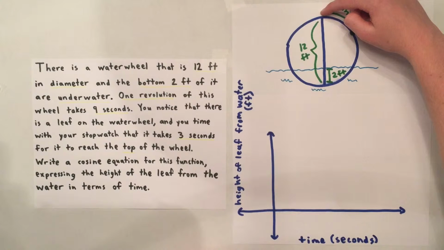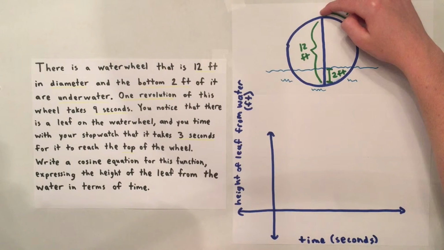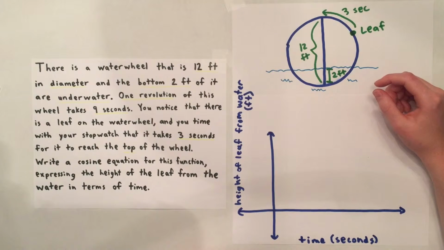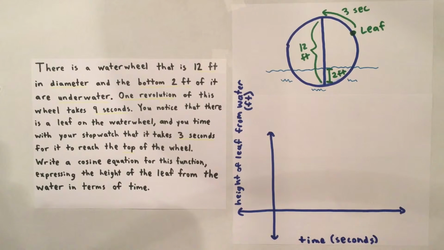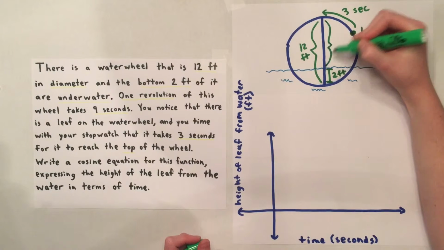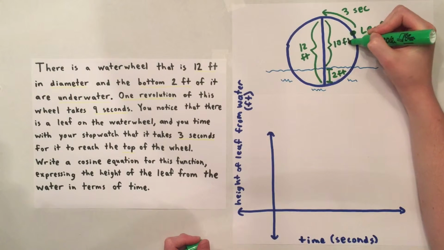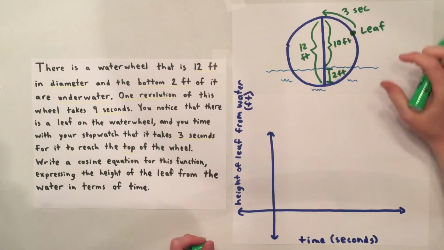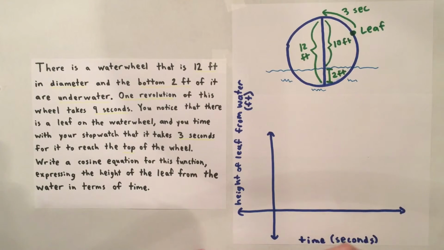So, our maximum point on our graph is 3 seconds, comma, the height of the leaf from the water, which we can see is 10 feet, because that is all that is above the water. So our maximum point on our graph is 3 seconds, comma 10 feet.